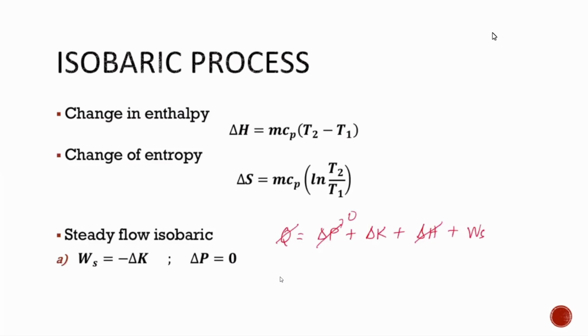So, ang natira na lang natin, huwag muna nating alisin yung delta P. So we have the steady flow work, which is equal to, lagay natin sa kabilang side, negative delta P plus delta K, i-enclose ko na lang sa parenthesis. Okay? So, saka natin alisin si change in potential energy. Kaya yung ating steady flow work is negative delta K.